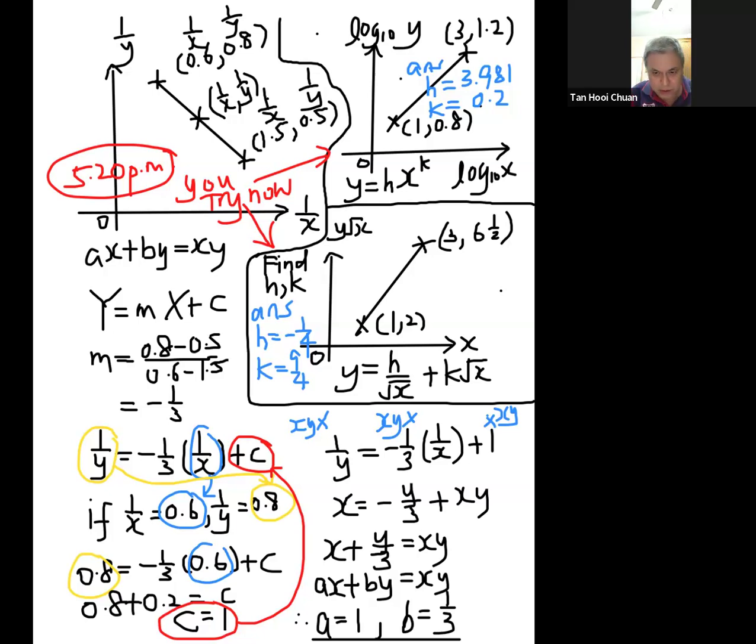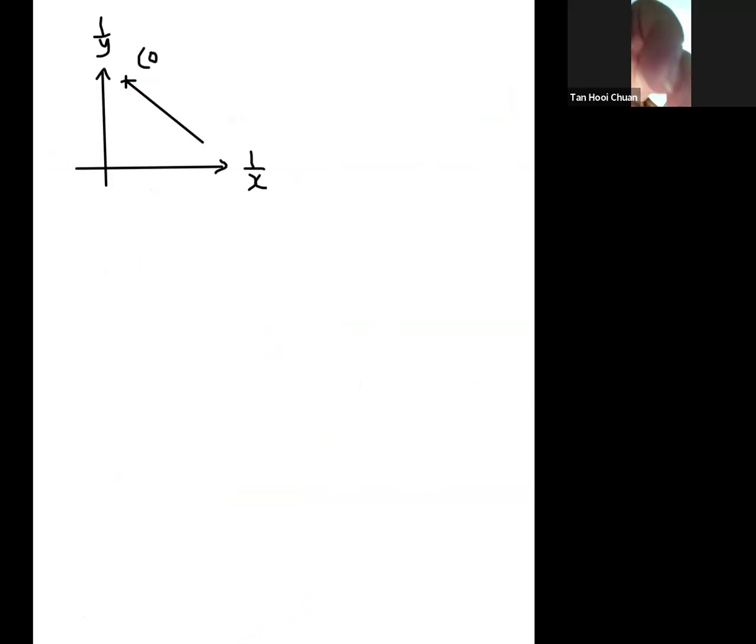Okay, I show you the answer for these two questions. I erase these two questions out. Okay, the first question, I draw the diagram smaller. Here is 1 over y, here is 1 over x. So this point is 0.6, 0.8.